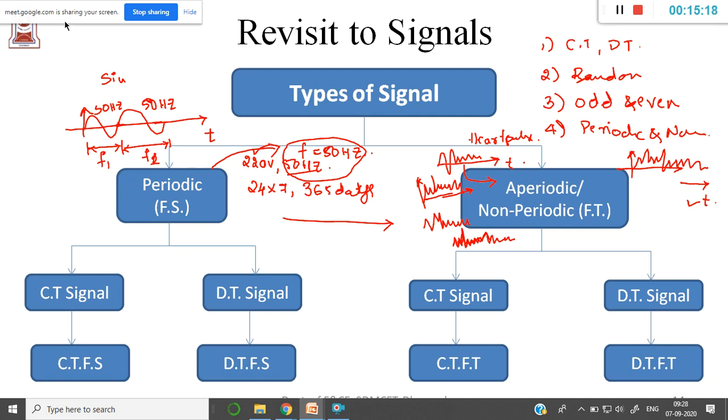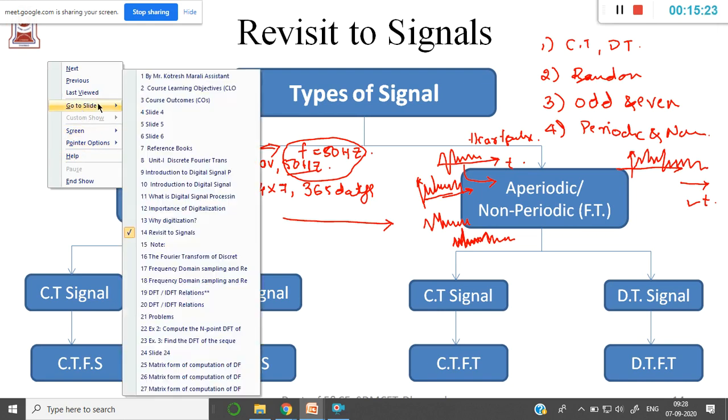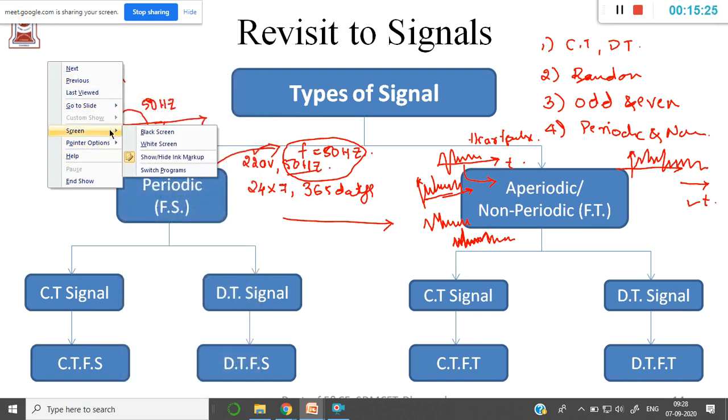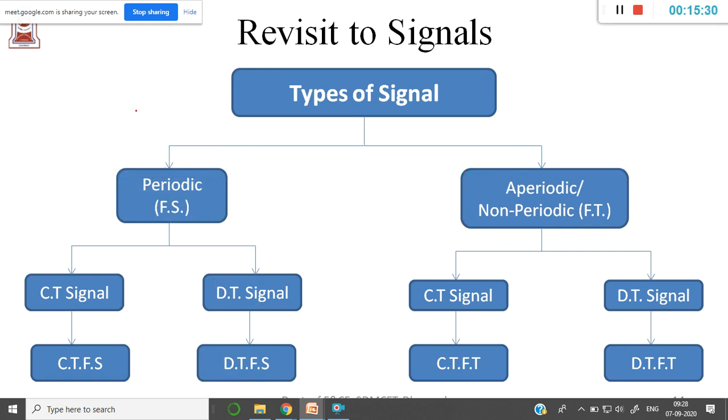I'll just erase these signals. Okay. Now, whenever I want to analyze a signal, maybe x of t or x of n, a periodic signal may be a continuous time signal, and a periodic signal may be a discrete time signal.